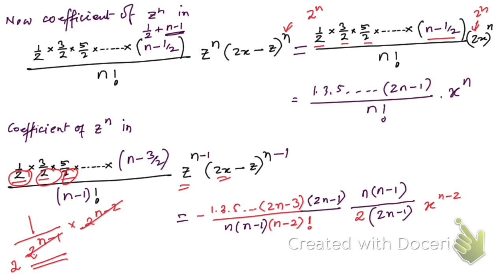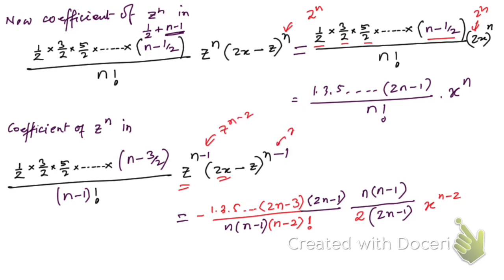So now let me write it properly. Similarly, if we follow this pattern, then in the next term, the coefficient of z to the power n, in the term containing z to the power n minus 2, here also we can obtain n minus 2.